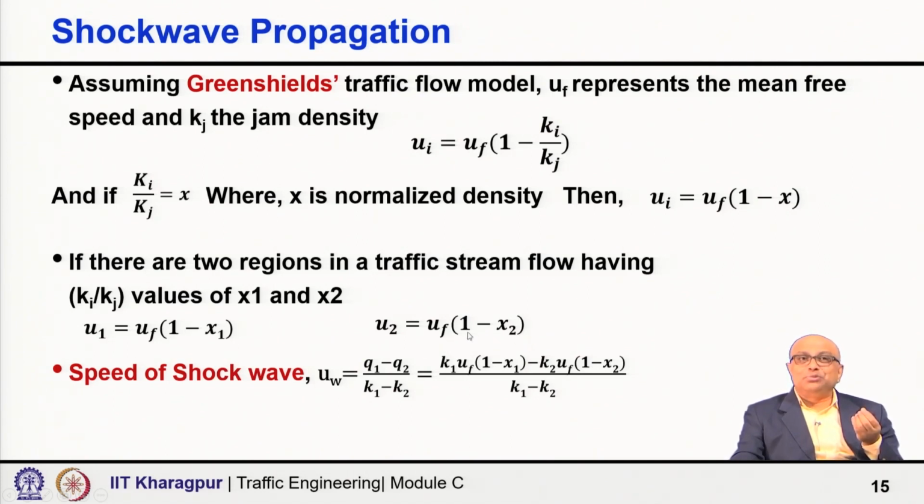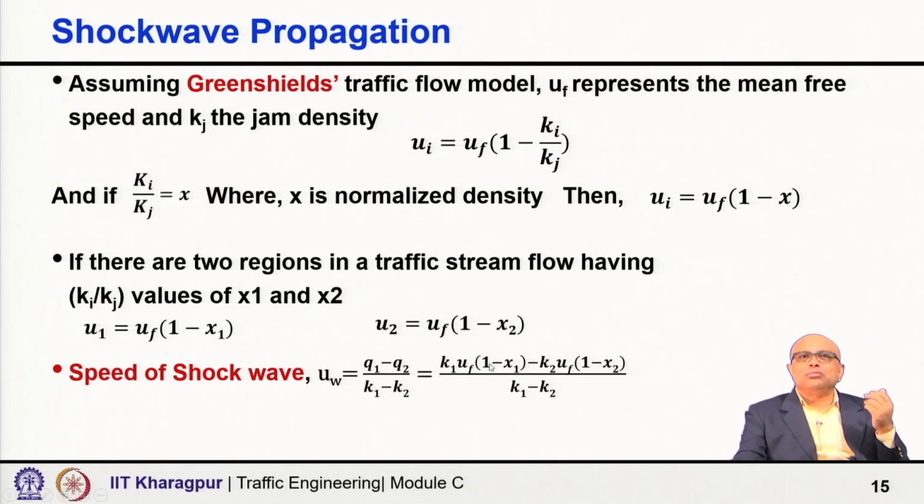If these are the two streams which are meeting, then at the meeting point, whatever shock wave is created, what will be its speed? It will be q1 minus q2 divided by k1 minus k2. This is also quantitative analysis, we know it.